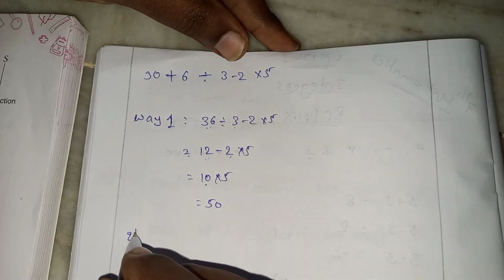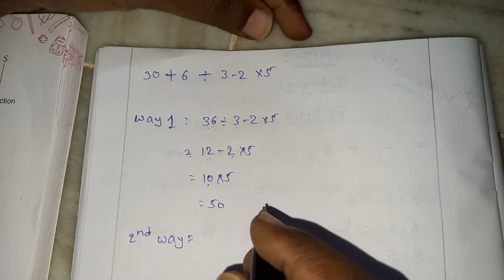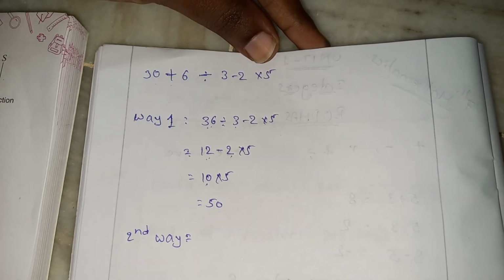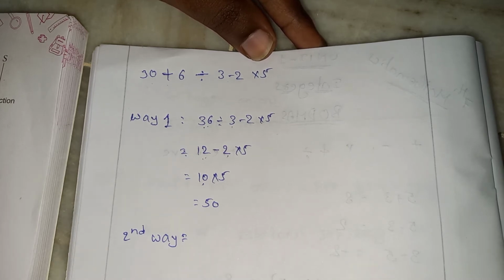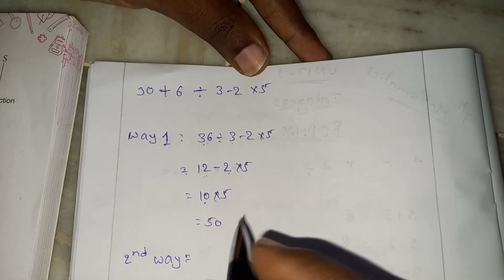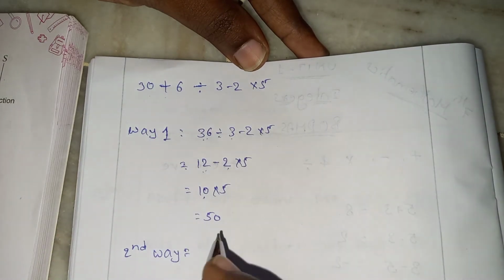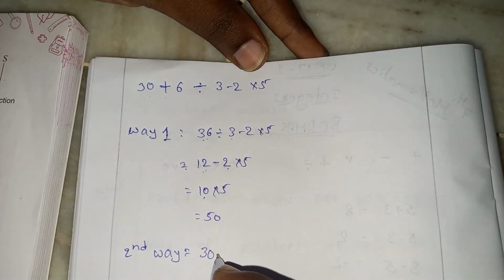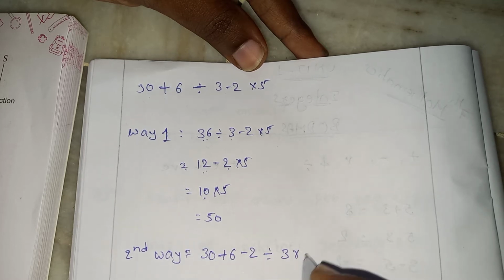Okay. Now, I'll explain the second way. In the second way, what I am going to do is, generally we used to do, right? Taking all positive numbers on one side and negative numbers on the other side. Like that. Here plus is there, here minus is there. So I will take 30 plus 6 minus 2 divided by 3 into 5.